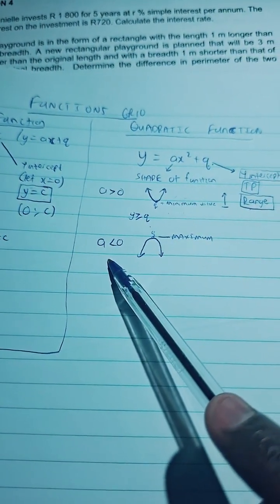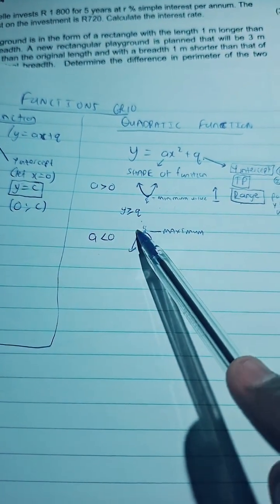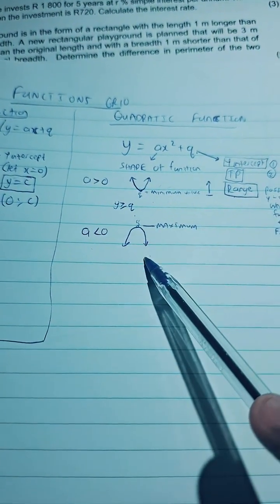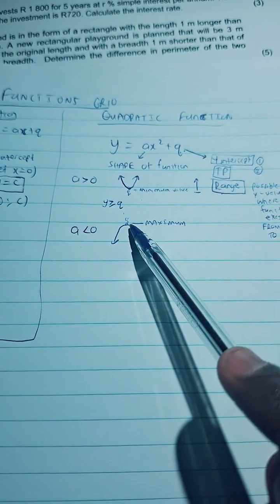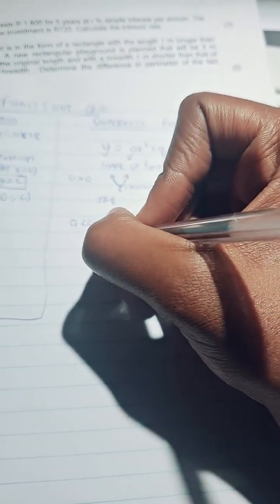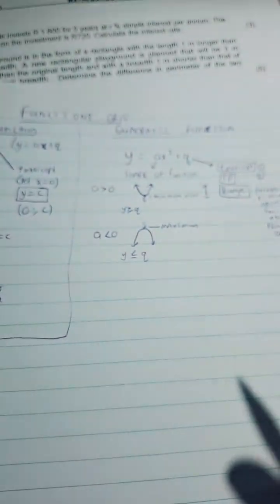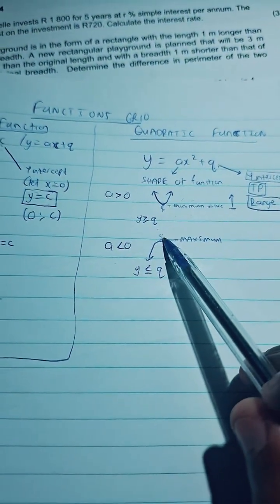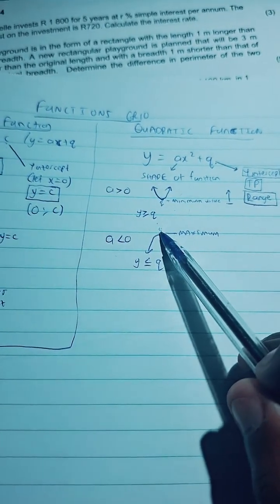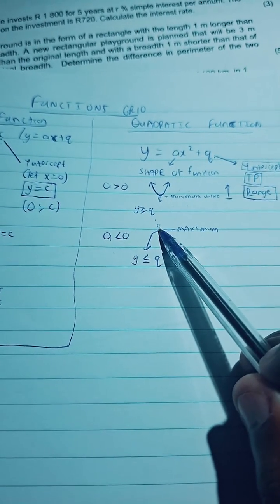When a is less than 0, it's a different story because we have a concave down function, a sad face. That means when we write down the range, y is less than or equal to q, because the function is situated below the maximum, so it is situated on that maximum value.